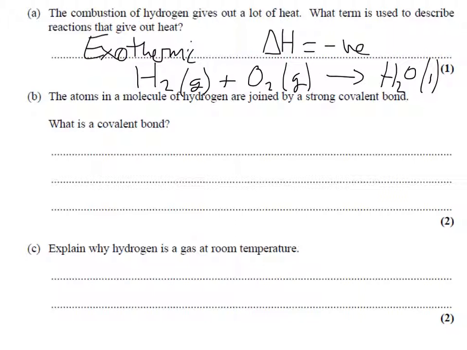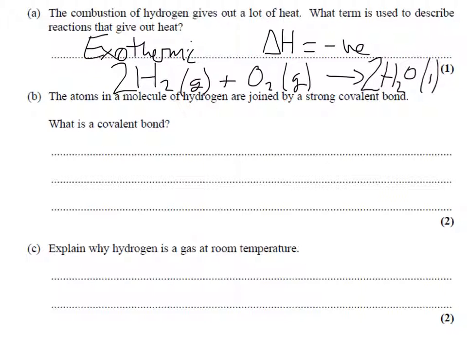So we've got 2 hydrogens on the right, 2 hydrogens on the left, but unfortunately we've got 2 oxygens on the left and only 1 on the right. So if we doubled that, we at least sort out our oxygens. This means we've now got 4 hydrogens here on the right. So I'll put a 2 here, 2H2, and that balances it out.